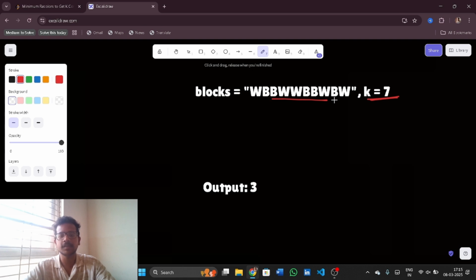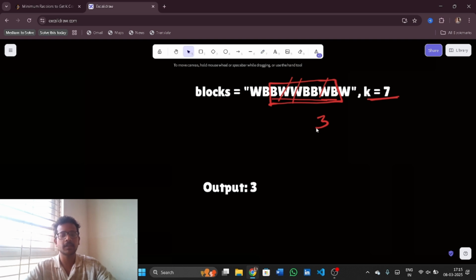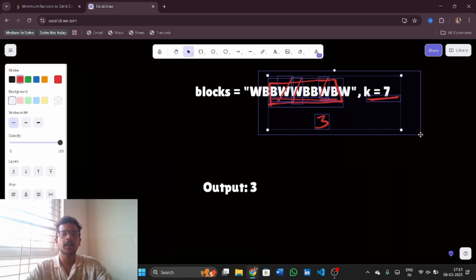Here we took only 6; if I take 7, this is my window of consecutive blocks. We need to change all the whites into blacks: one white, second white and third white. So till now I have 3 whites, and then I can get 7 consecutive blacks. But there is a condition that we need to return the minimum.